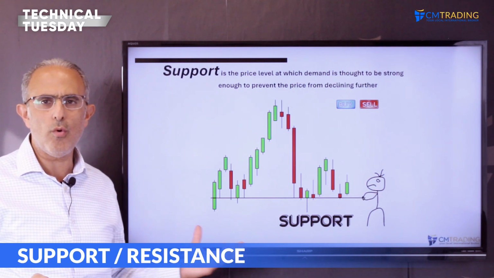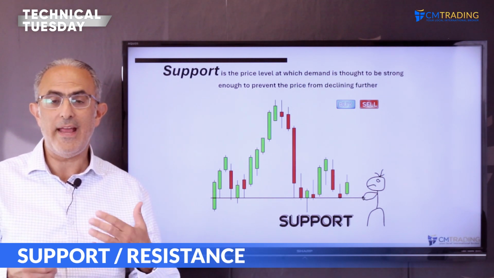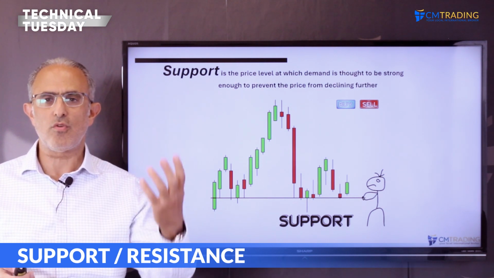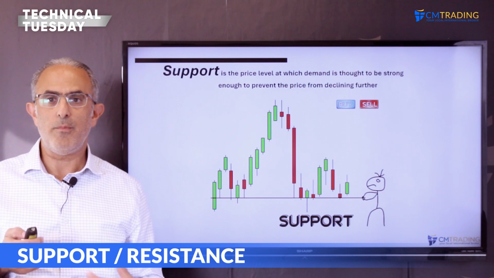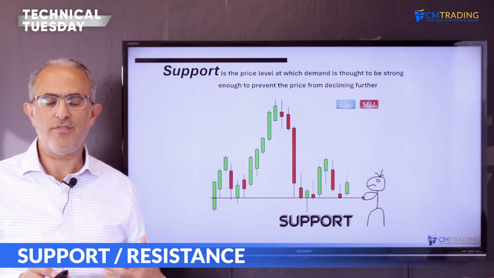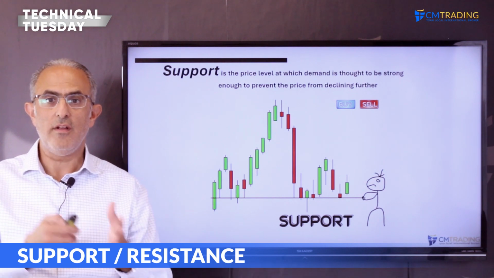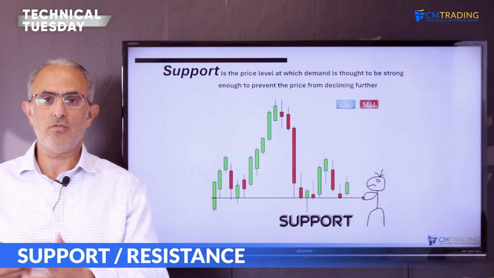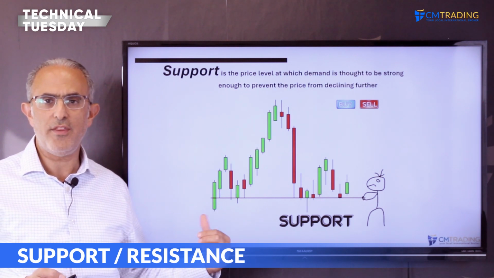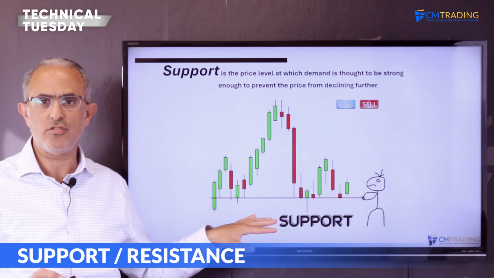Now, it's not going to go lower than that, because then demand is going to increase, because it's way below its value. And if it's way below its value, it's going to be a no-brainer to buy it here and to resell it somewhere else. And that is what happens to prices. That is why they bounce off of these charts on a certain level.